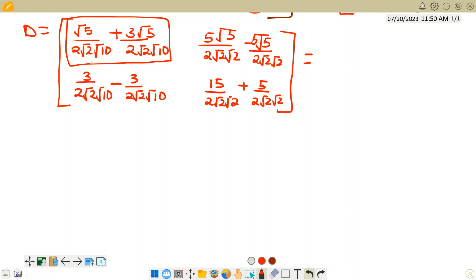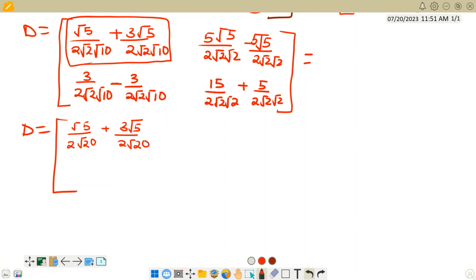So our D is going to be root of 5 over root of 20, like that, plus 3 square root of 5 over 2 root of 20.